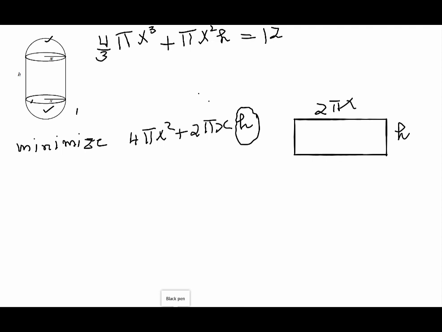I'm multiplying it by 3. So we have 4 pi x cube plus 3 pi x square h equals 12 times 3, which is 36.